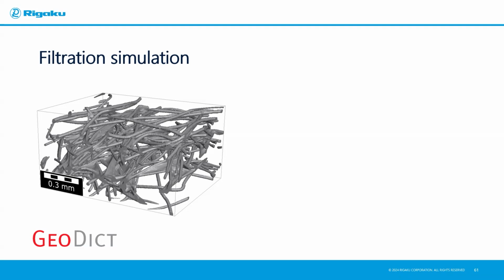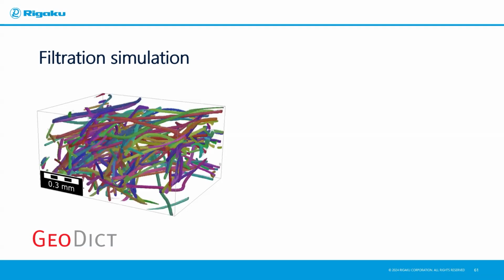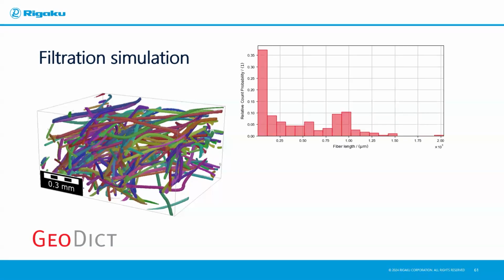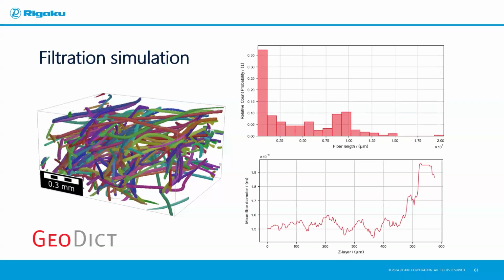And then GeoDict AI tools analyze this segmented data volume to identify individual fibers from which fiber properties and distributions can be calculated, including the fiber diameters and lengths and the fiber size distribution across the filter depth. So here you see that the mean fiber diameter changes from smaller to larger with increasing depth through the filter.